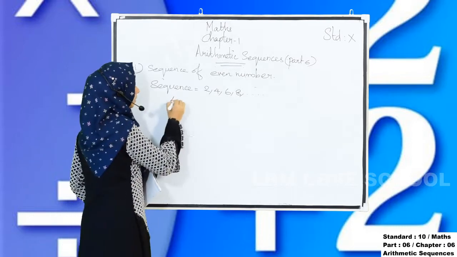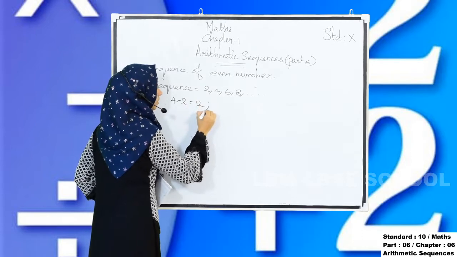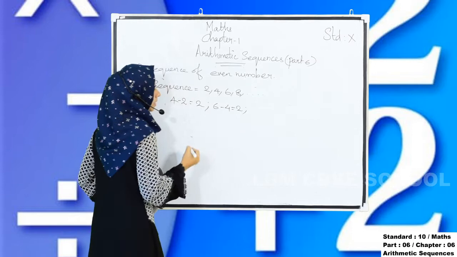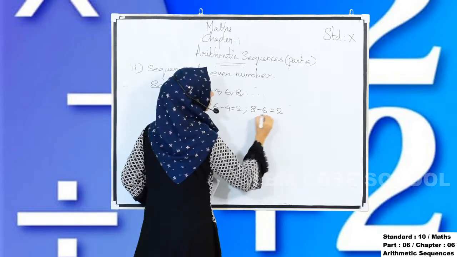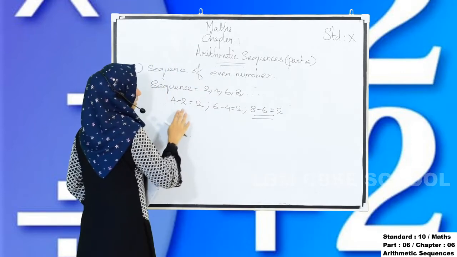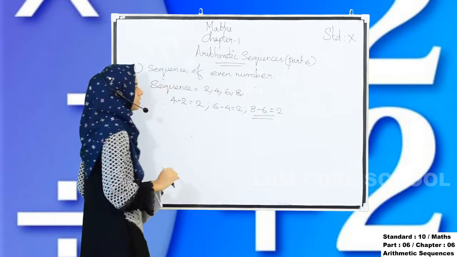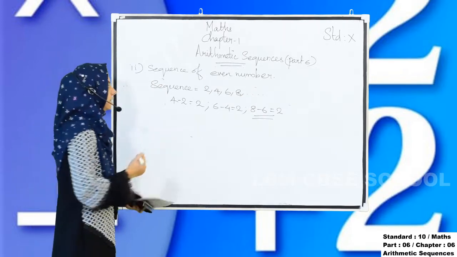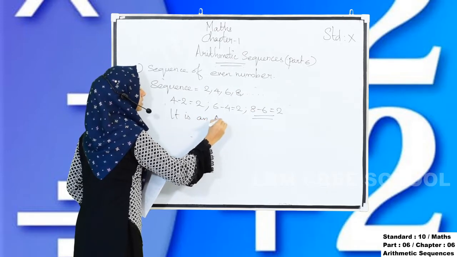For that we subtract: 4 minus 2 is 2, 6 minus 4 is 2, 8 minus 6 is also 2. Then in between each term in this sequence the common difference is same. Then we can say that it is an arithmetic sequence.